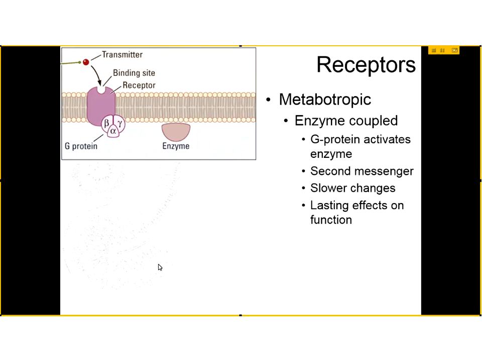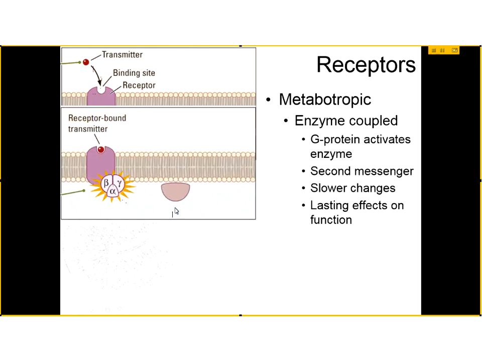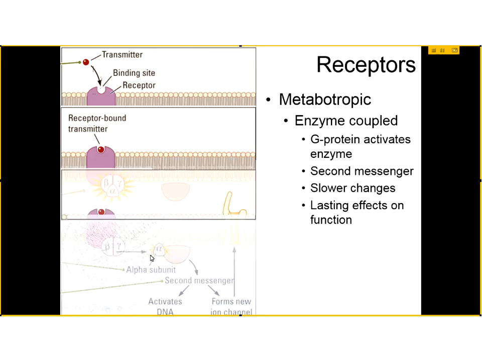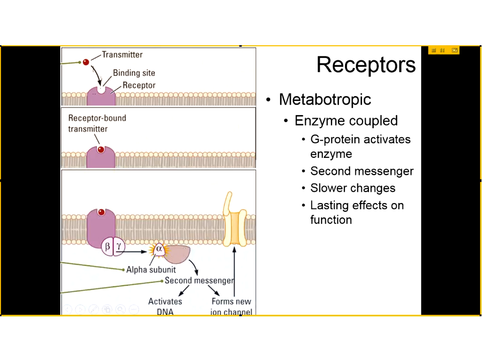Finally, we have metabotropic receptors that are coupled to enzymes. So it's the same kind of thing where a neurotransmitter is released and binds to this site here on the receptor. Doing so activates the G protein. But now the G protein subunits are activated, and they come over and activate this enzyme that will trigger a second messenger.